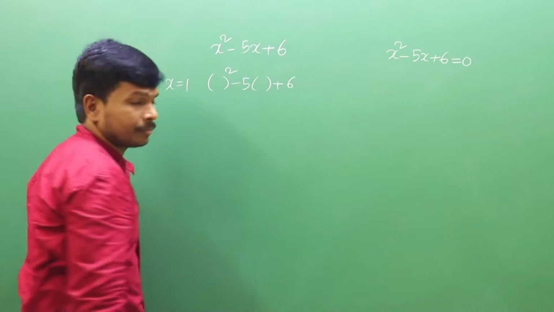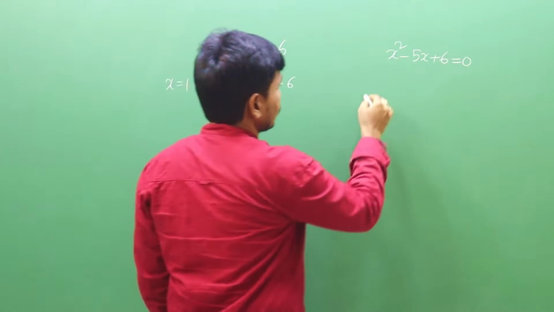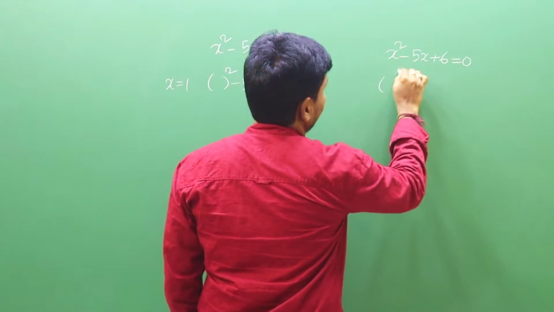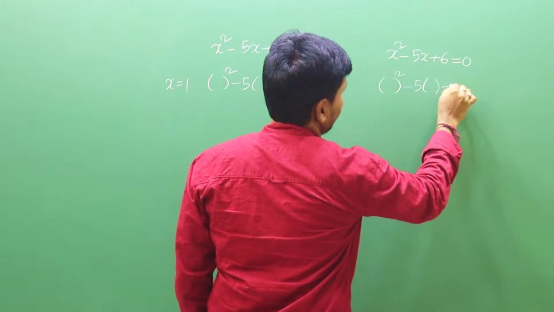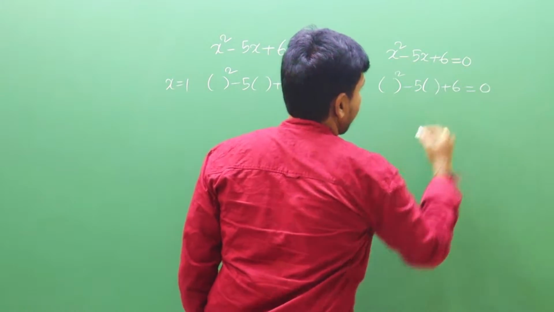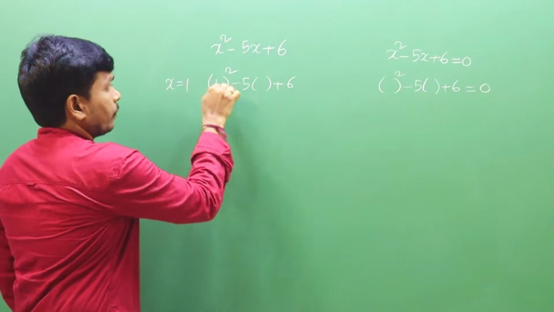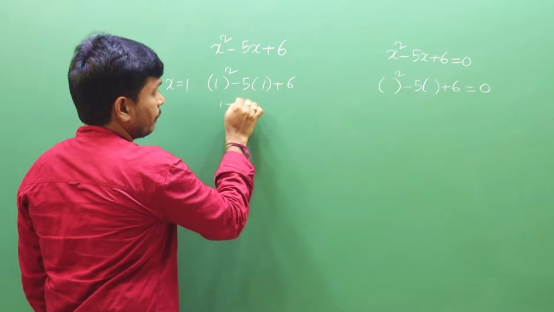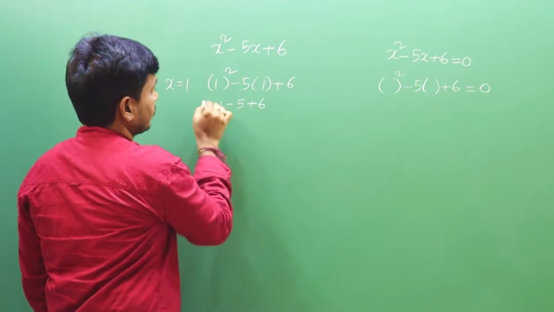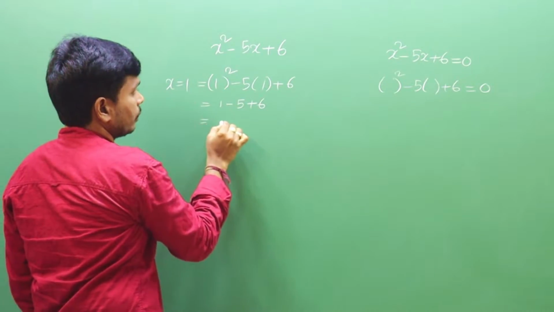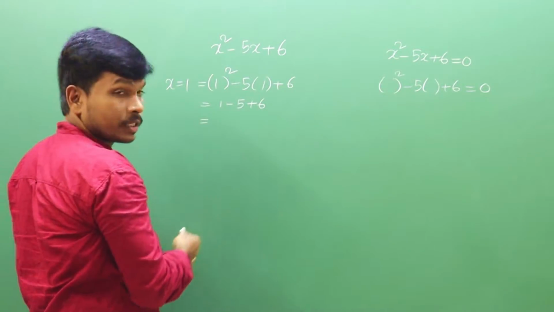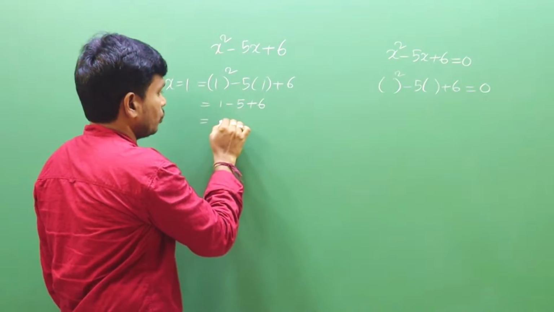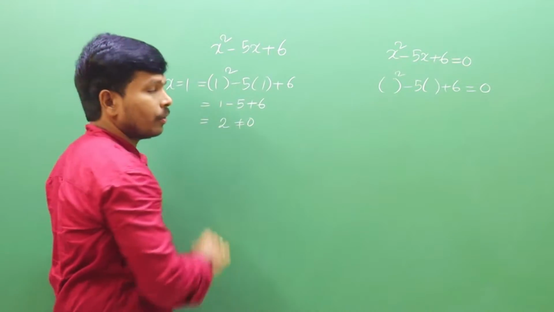In the expression and here also in the equation, you substitute x equal to 1. 1 square value 1, minus 5, plus 6, that is equal to 2, not equal to 0.